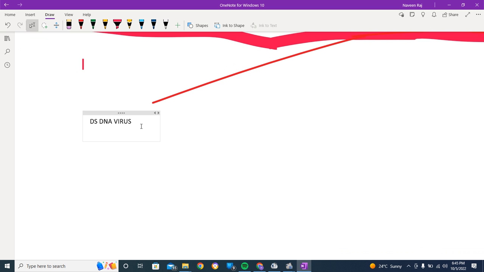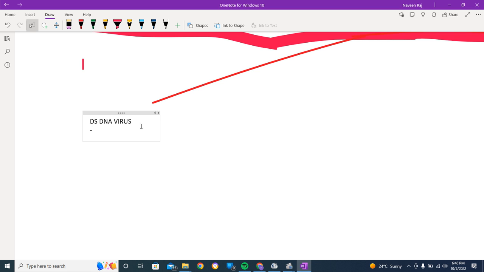Do remember that whatever the virus is, its first priority is to synthesize mRNA, and when it synthesizes mRNA, it would be able to replicate. So when the virus enters into a host cell, the first target is to synthesize mRNA. There are cases when a virus is unable to do that, which we will look into.